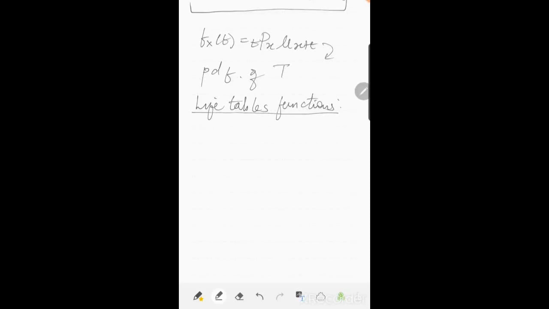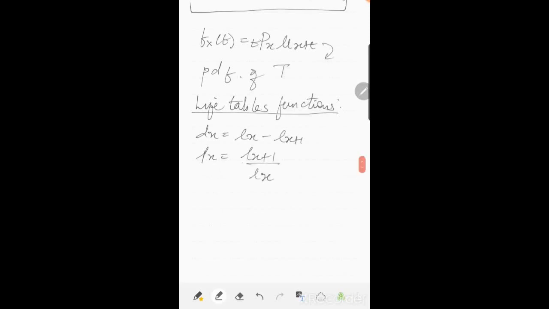From the notes, we have dx, which is the deaths, which is lx minus lx plus 1. And we have px, which is equal to lx plus 1 over lx.